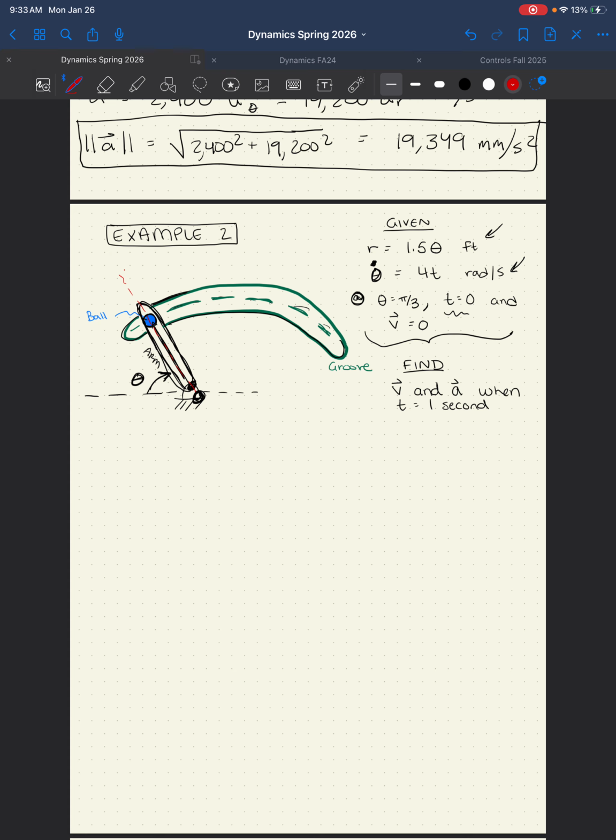So this seems to be my u hat r direction. And then based on the way that theta is drawn, theta will increase as the arm is pushed up and to the right. So it looks like this is my u hat theta direction.